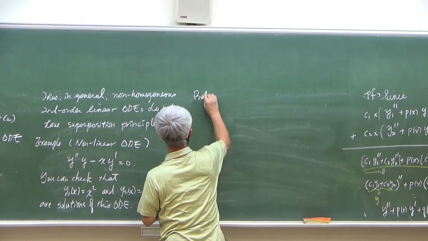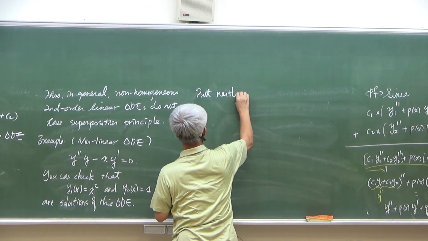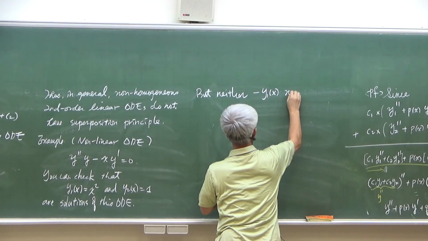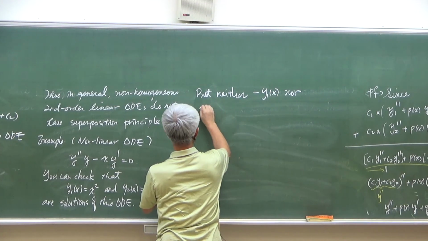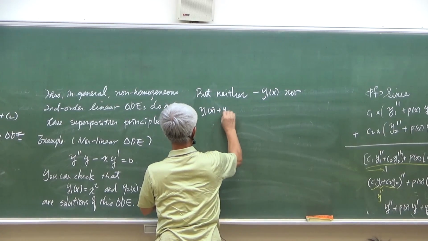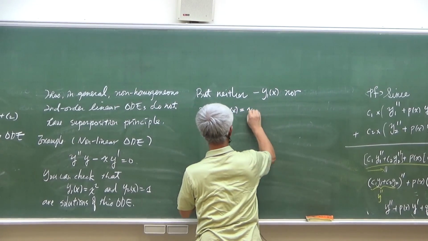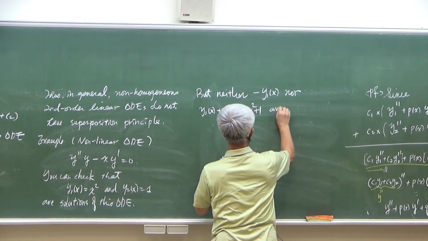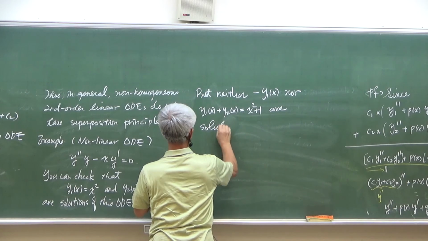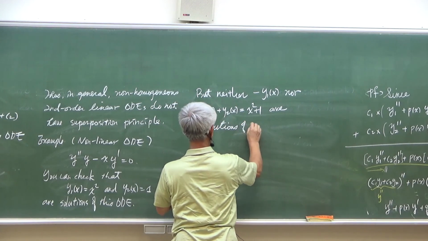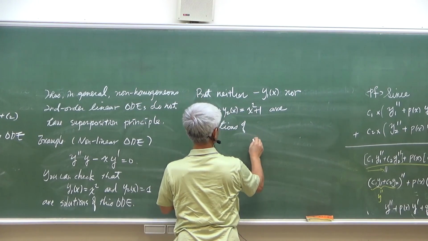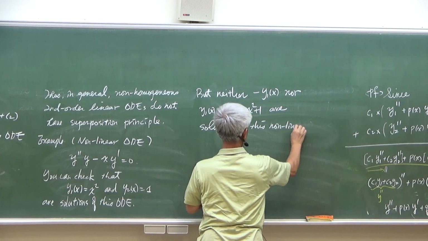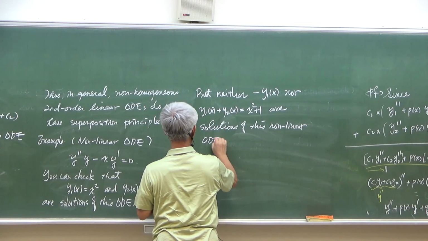But neither minus y1(x) nor y1(x) plus y2(x), which is equal to x squared plus 1, are solutions of this nonlinear ODE.